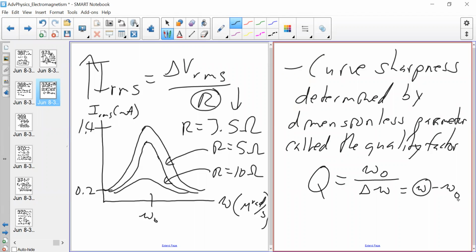Now, at omega naught, I and V are together. So this Q, the quality factor, determines how wide or sharp this is. The width is determined by this delta omega factor. So I was confusing the term, sorry about that. So sharpness, how much these guys rise up, I should have drawn this a little bit better.